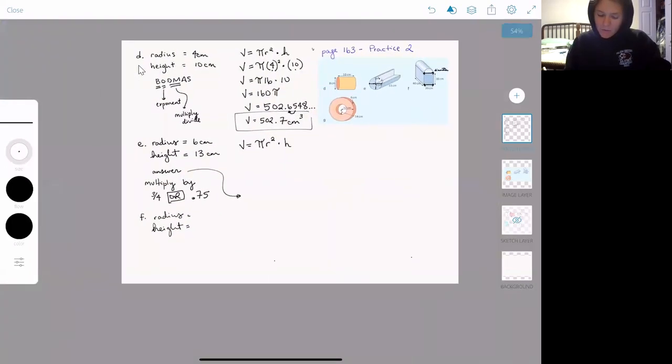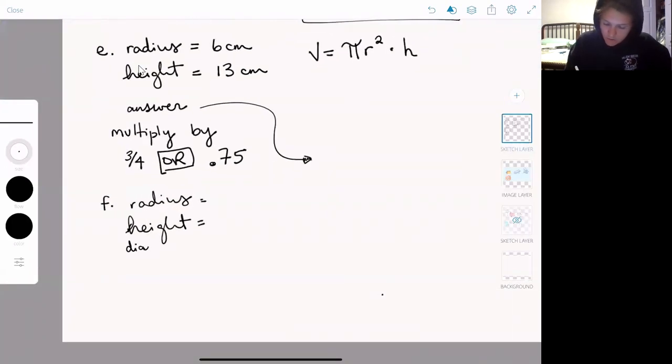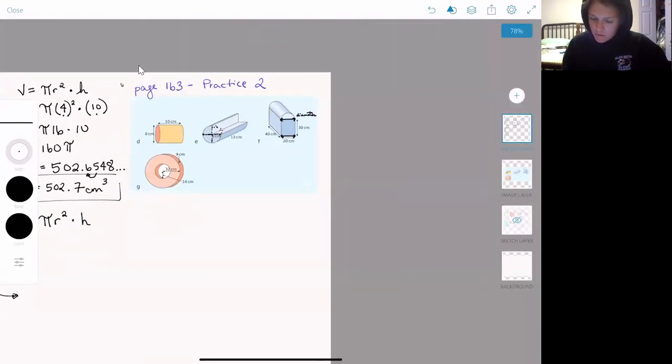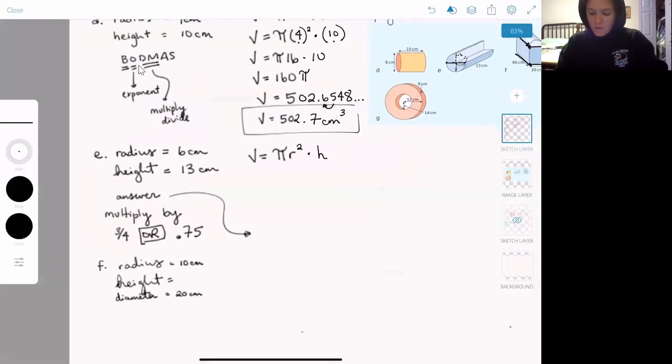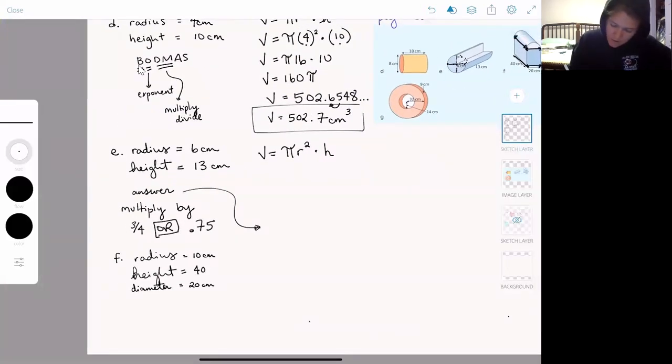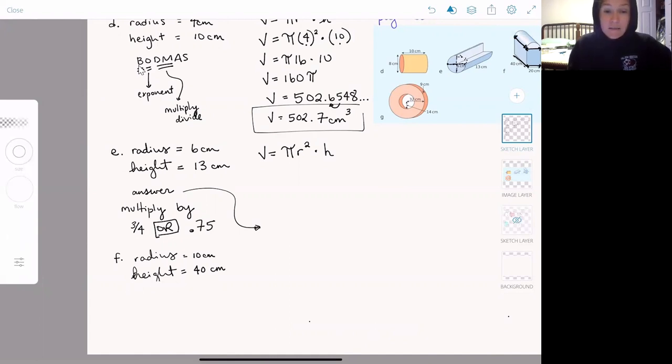So I know that my diameter is 20 centimeters. And my radius is always going to be half of my diameter. So that is 10 centimeters. And when I'm looking for my height, I know that it's going to be the same as this distance here, which is 40 centimeters. Again, I'm just going to erase this bit about the diameter because I don't really need it.